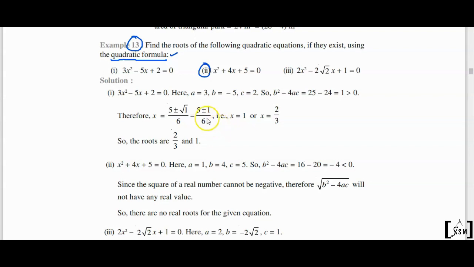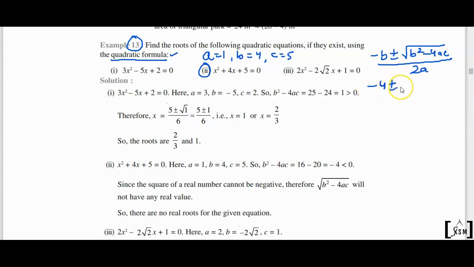Let's have a look at number 2. The question has asked us to use the quadratic formula, so we'll be using the quadratic formula. In this equation, my a value is 1, b value is 4 and c is 5. So we'll use minus b plus minus square root of b square minus 4ac all over 2a. So negative 4 plus minus square root of b square minus 4ac.